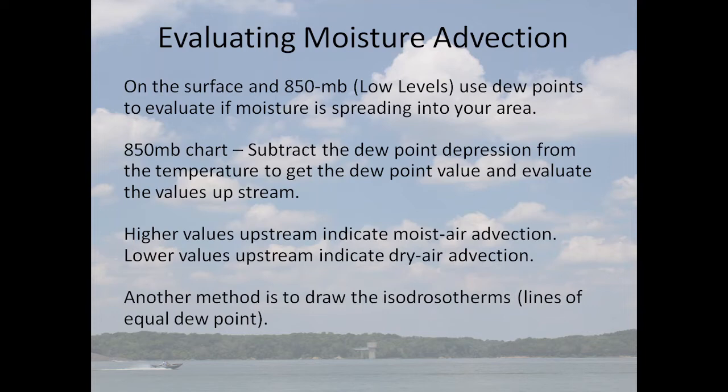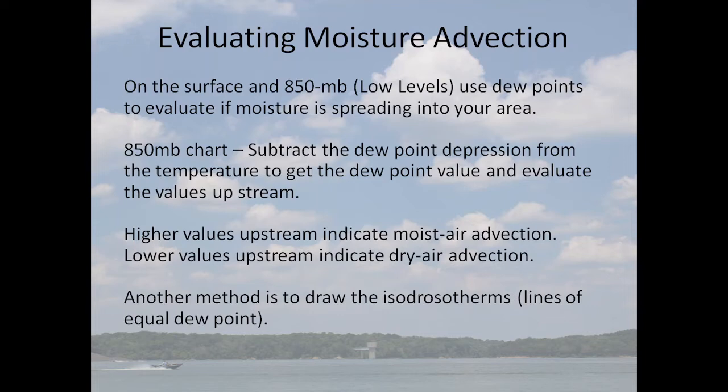So the temperatures and dew points on the 850 are in Celsius, but there's not a dew point value around that weather station. It's a dew point depression. The dew point depression is simply the difference between the air temperature at that level and the dew point temperature at that level.